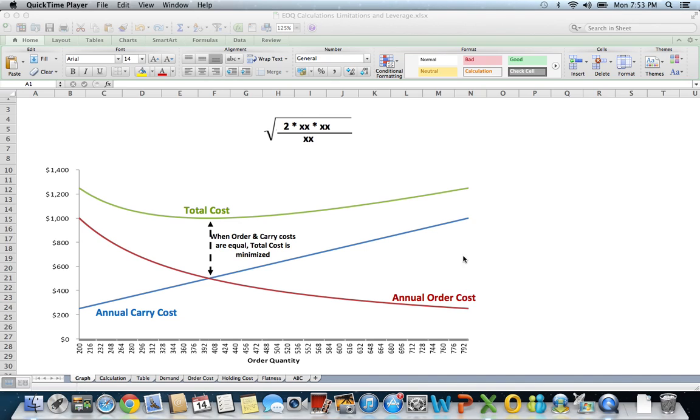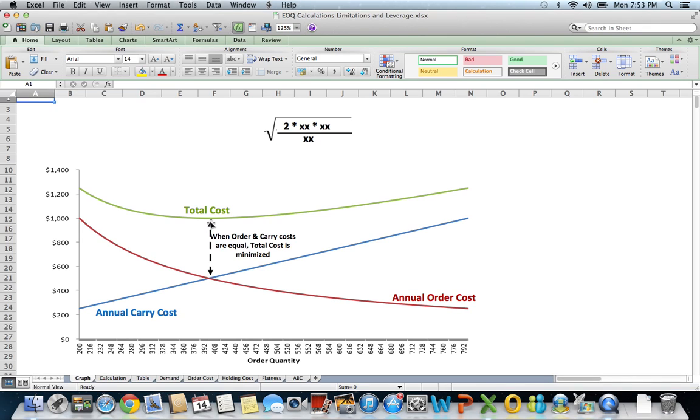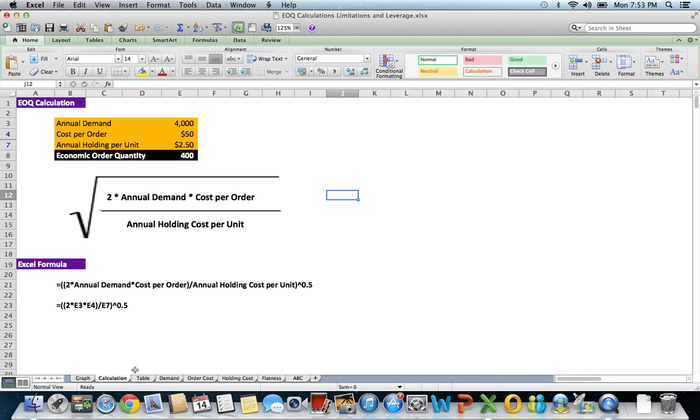Therefore, this looks unappealing, and so does this. The way the EOQ works, this formula that we'll talk about, is that when each of these costs is equal is when the sum of them is at a minimum. And that's what it's trying to calculate. How do I reach the point where these are equal, therefore the two of them together is a minimum?